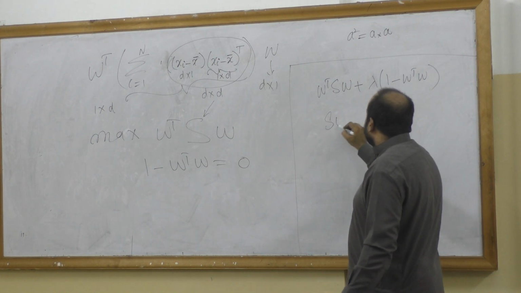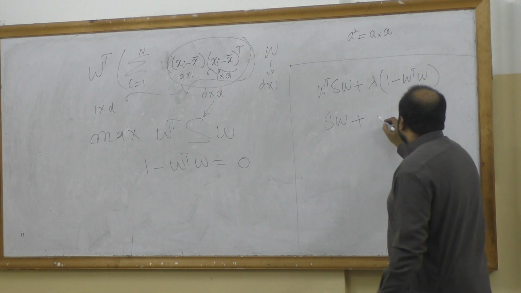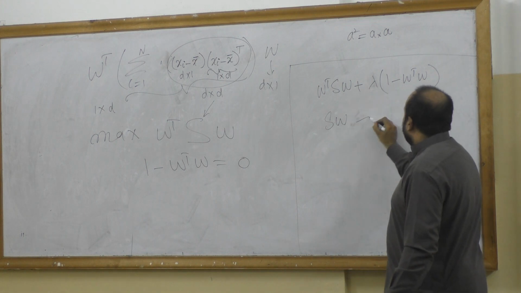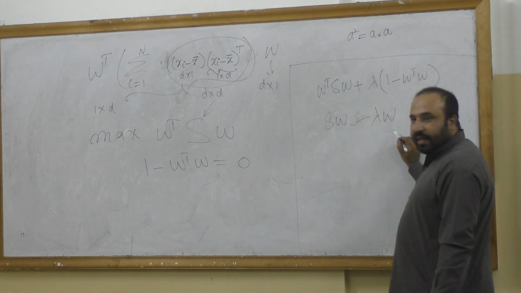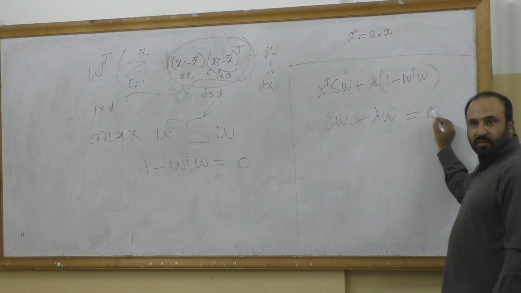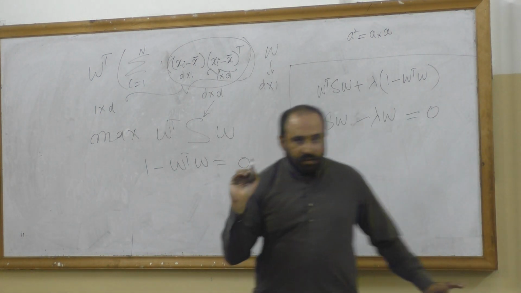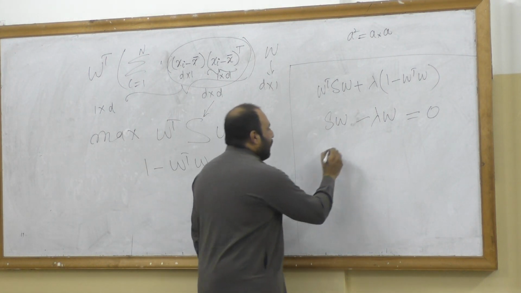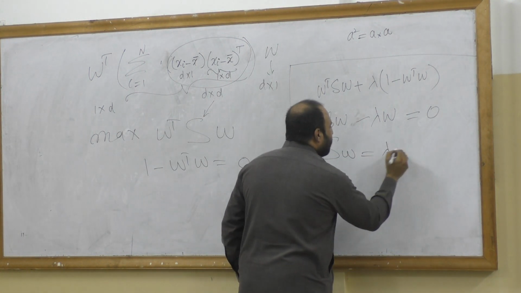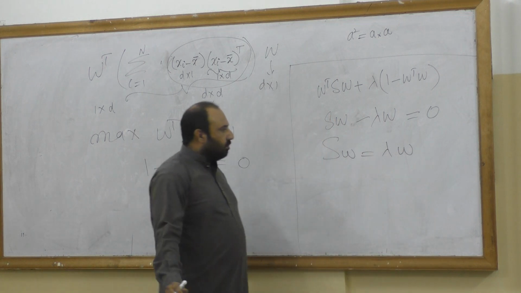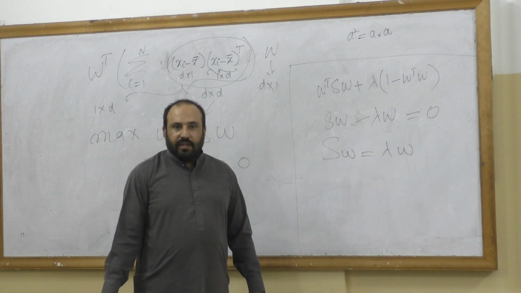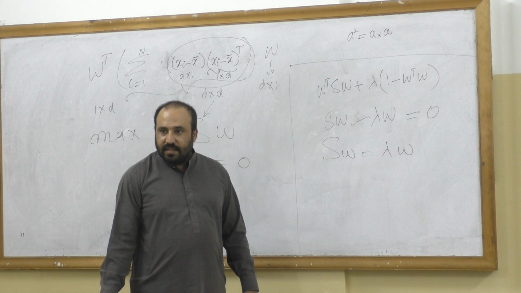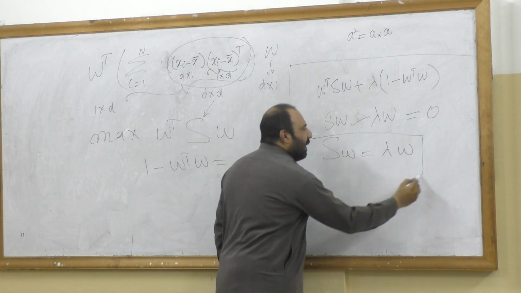Derivative of this is SW plus derivative of this is minus lambda W. Then put it equal to 0. That means SW is equal to lambda W. Make sense? अच्छा ये प्रॉब्लम जिंदगी में पहले कभी देखी है आपने?